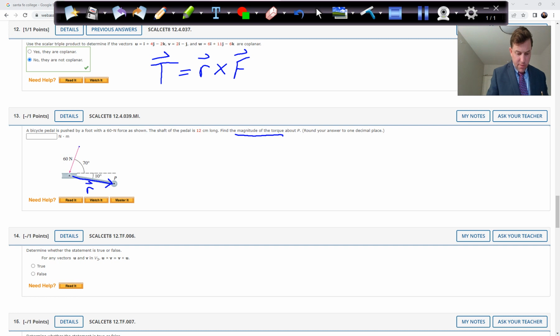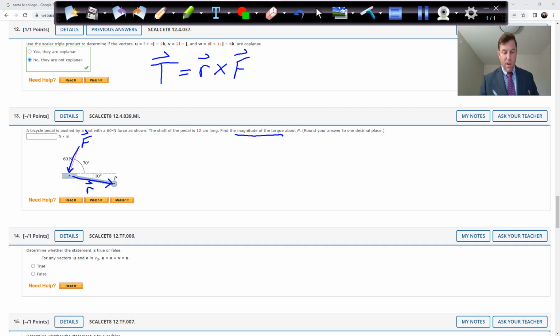And the force vector is right here. So based on those two things, you could create a 2-dimensional vector called force and a 2-dimensional vector called R, cross them, and then take the magnitude, and you would get the answer.